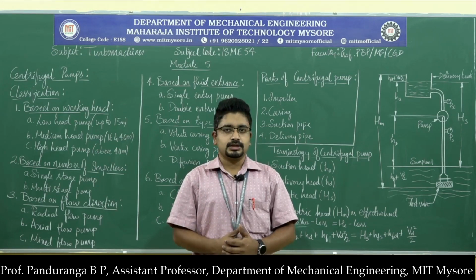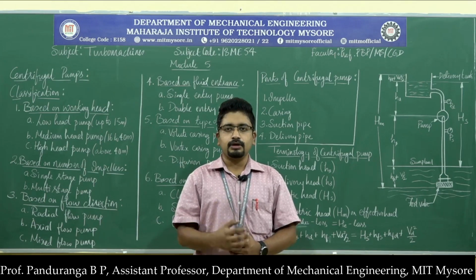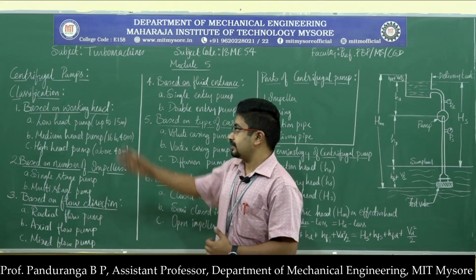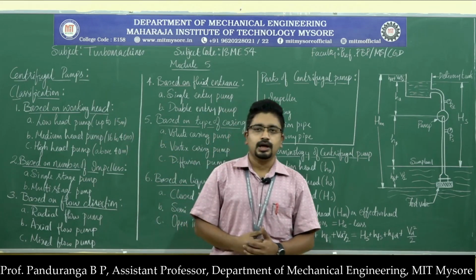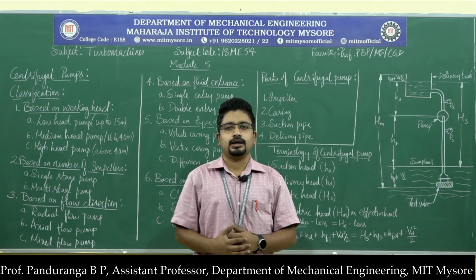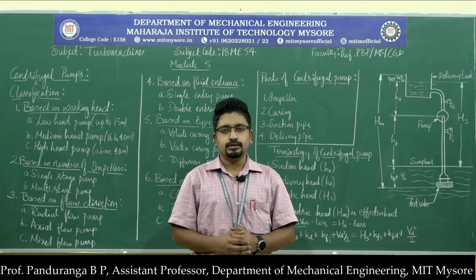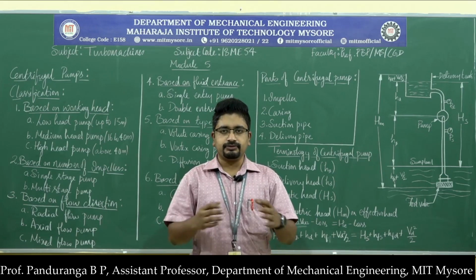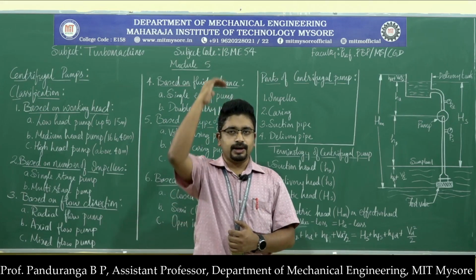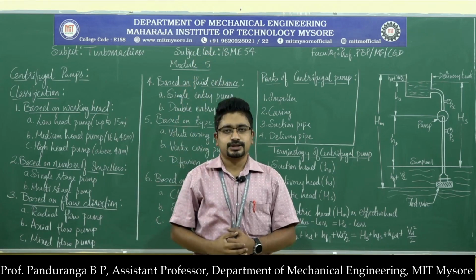In most cases, the fluid power which we need will be in the form of an increase in pressure energy. In the case of a centrifugal pump, we increase the kinetic energy of the fluid. The impeller will impart kinetic energy onto the fluid, and that will be converted into pressure energy with the help of the casing, and then that pressure energy is utilized to pump the liquid to a higher level, and there it will be stored.